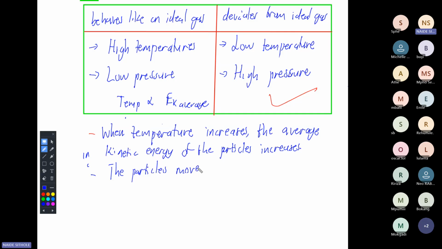Because remember, kinetic energy is the energy of movement. There will be more number of collisions between the particles.